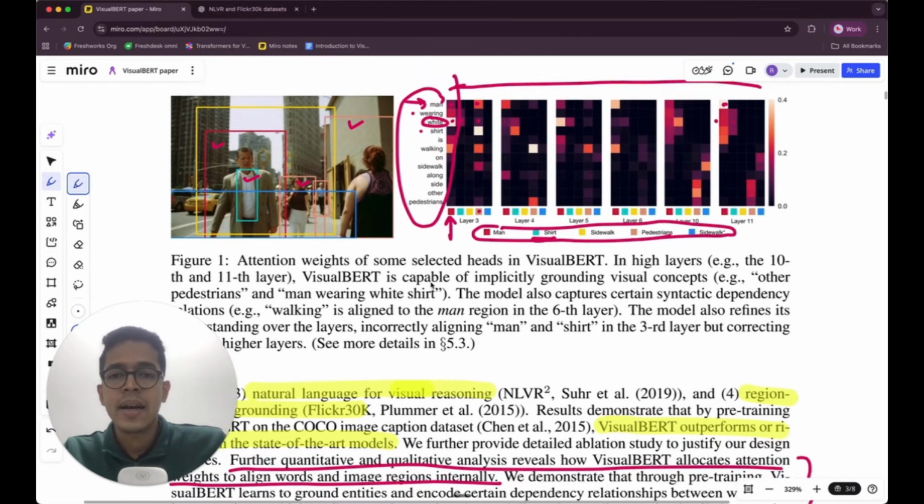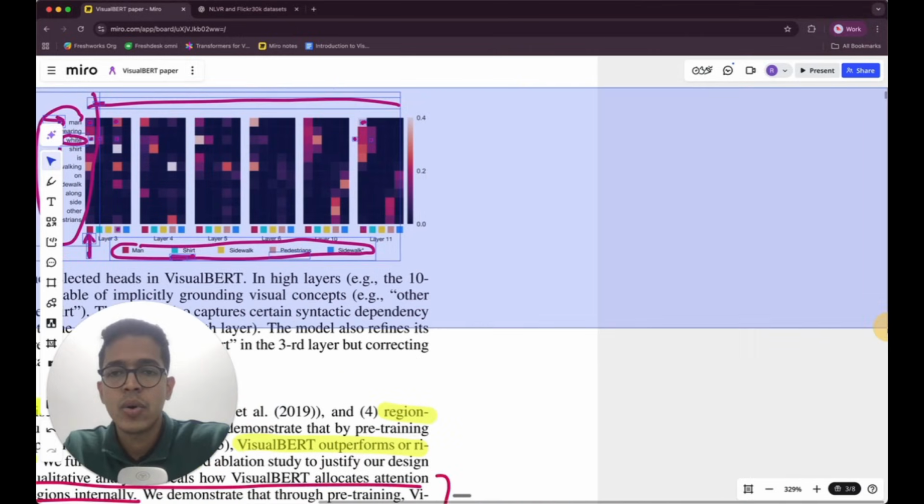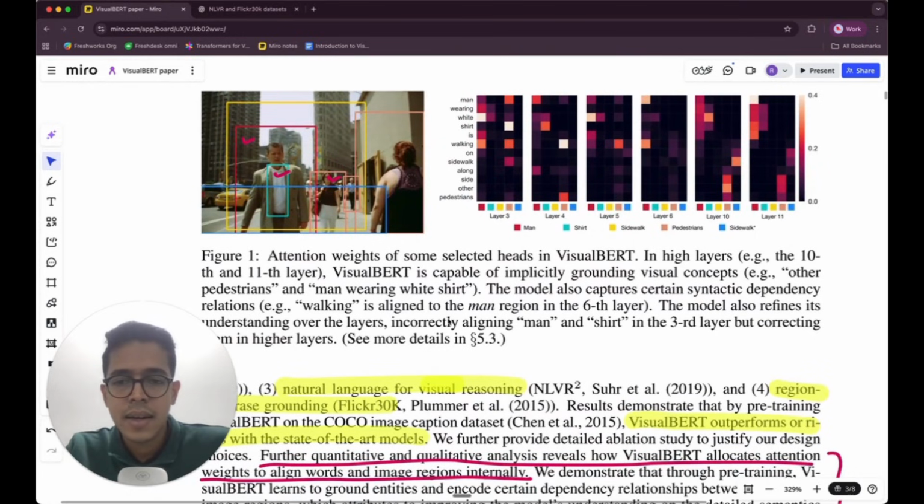Let's see where man and shirt are incorrectly being aligned. Let me first delete all of this so that I can easily annotate. So in the 3rd layer, this sentence says incorrectly aligning man and shirt. Let's see.